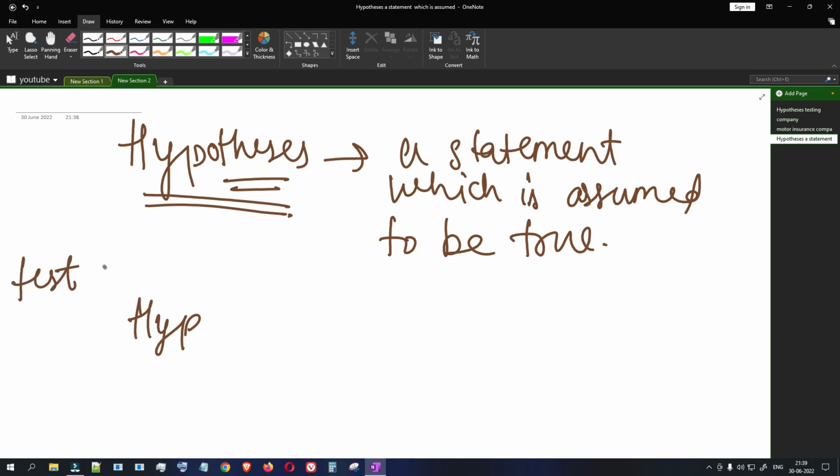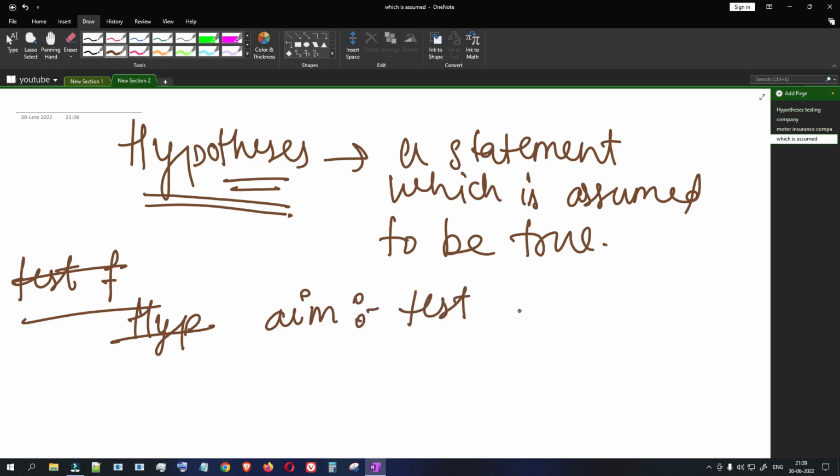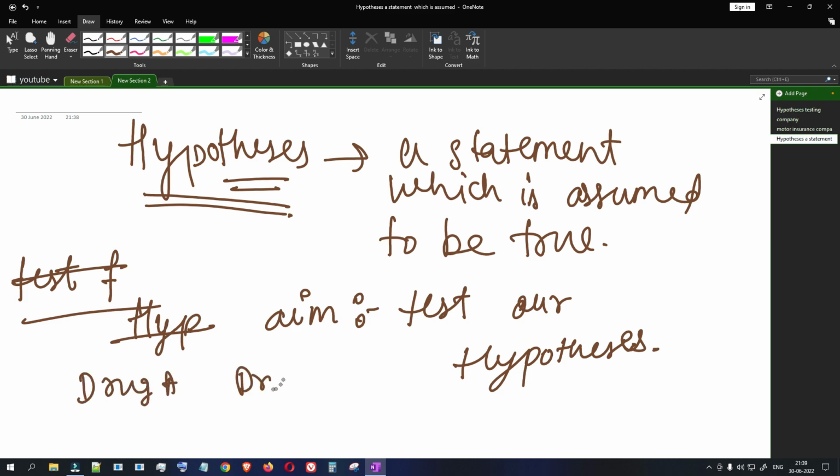What our aim is? Let me write it again, aim of the chapter: test our hypothesis. For example, I am saying that drug A and drug B both are equally effective in cancer treatment.